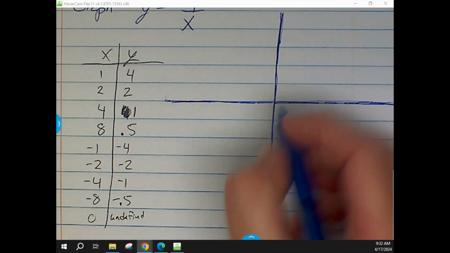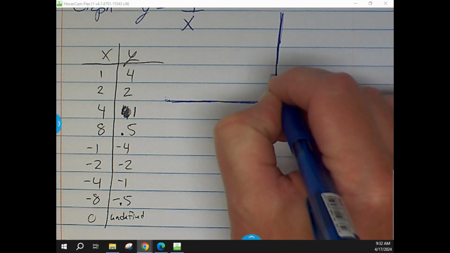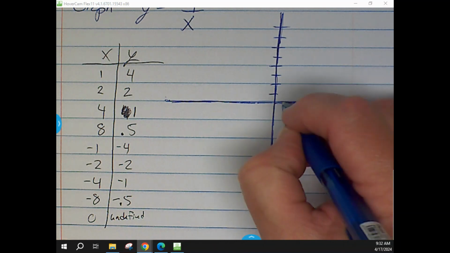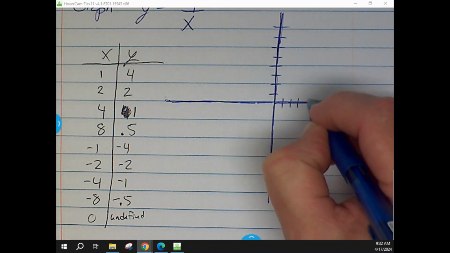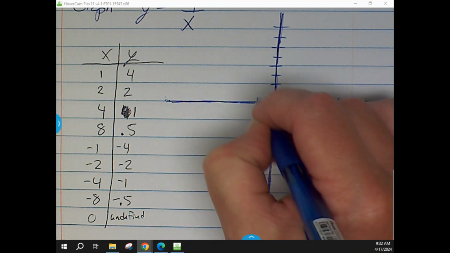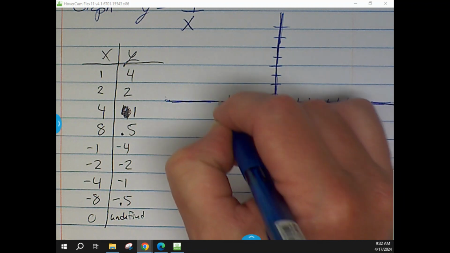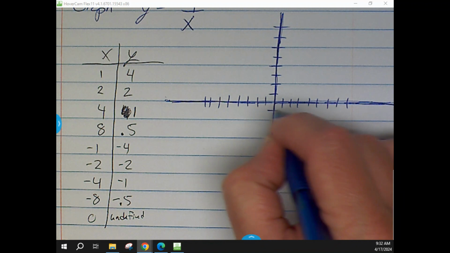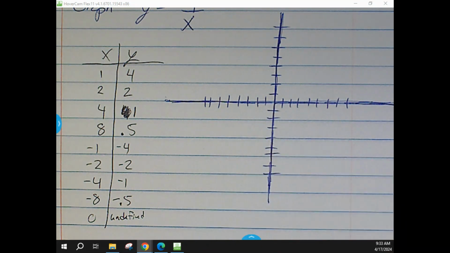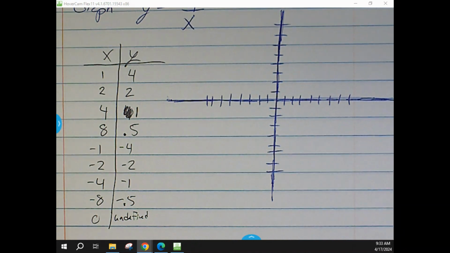Again, I'm going to put these so we're going 1, 2, 3, 4, 5, 6, 7, 8 in every direction, because now we can stretch that even farther, but 8 is plenty far enough to get this thing stretched out so we can see what we need.